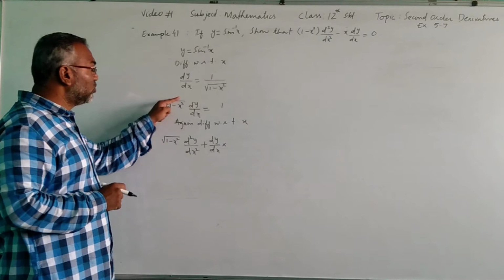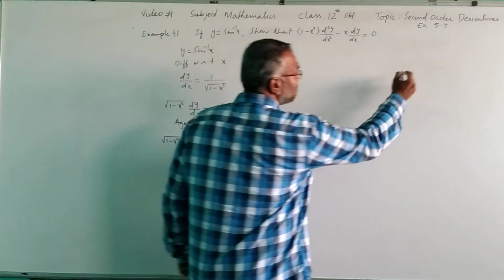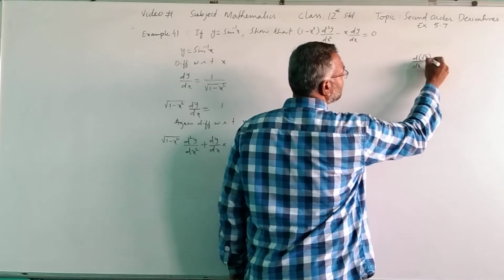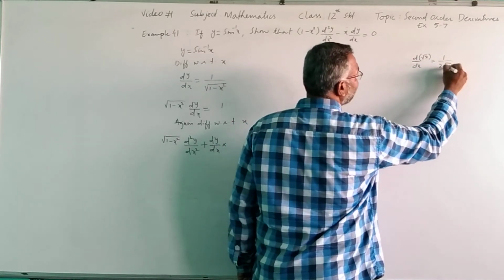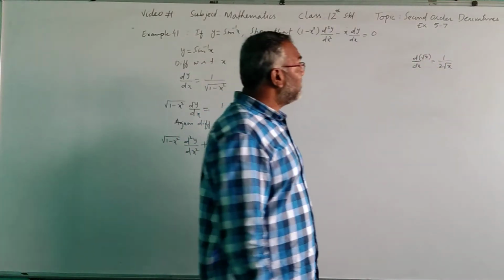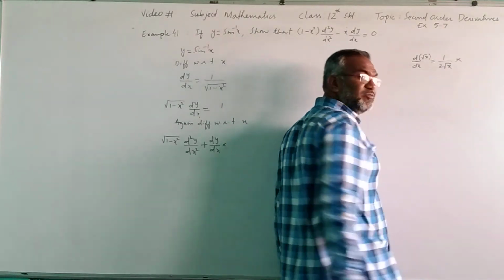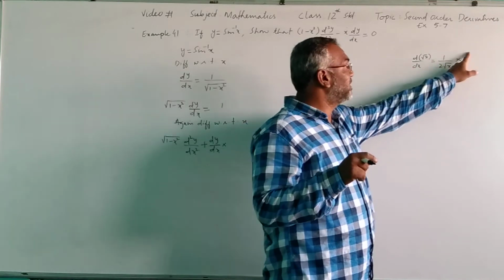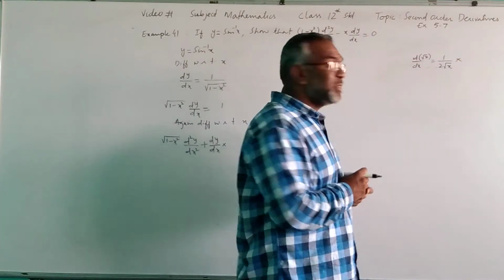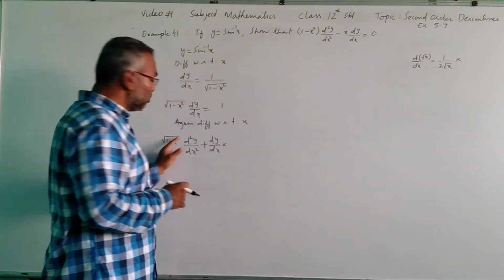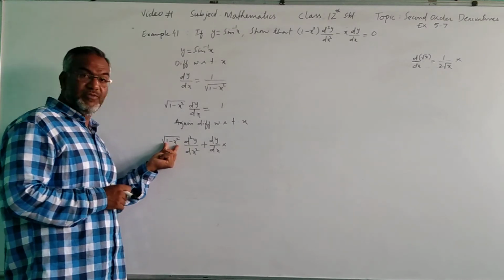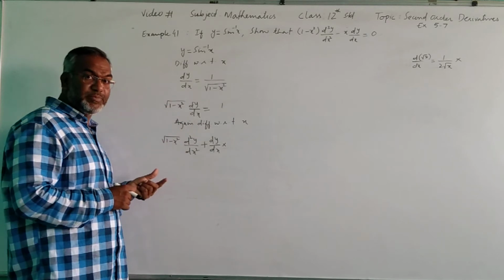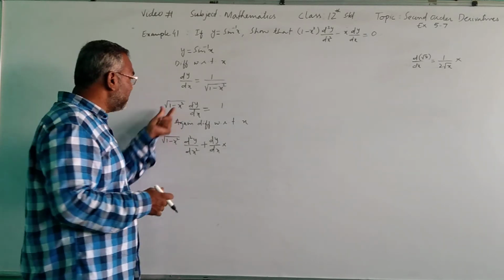This is in the form of root x, right? What is the differentiation of root x? Differentiation of root x is 1 by 2 root x. Then we must differentiate the inside of the root, whatever is there. For x, it becomes 1, that's why we do not do it. But here, along with the root, we do not have just x, but we have 1 minus x square, so we cannot just leave it.